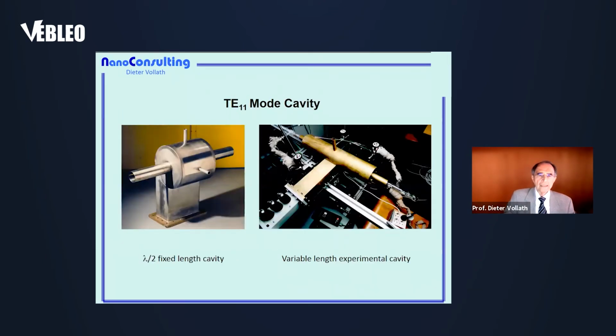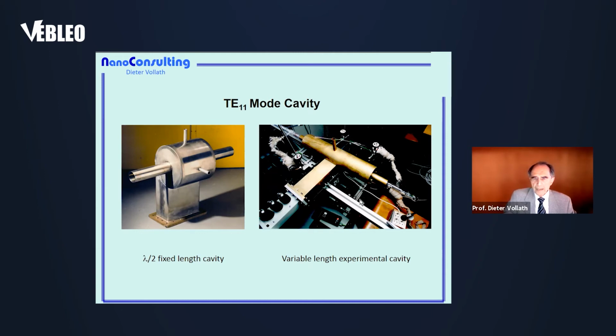How do the things look? Here is a typical resonant microwave cavity, and what you see here are the tubes that help us to avoid leaking of the microwaves.